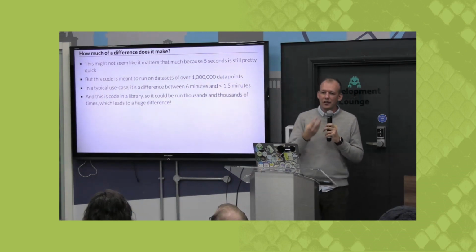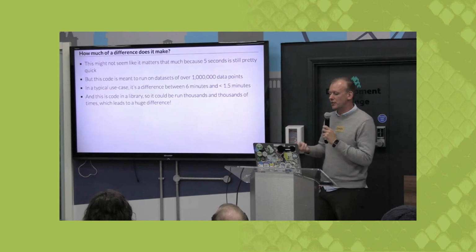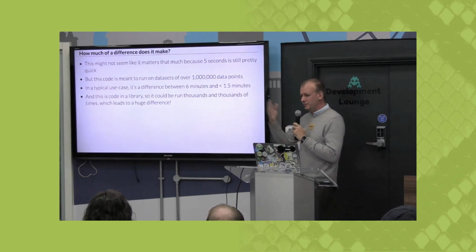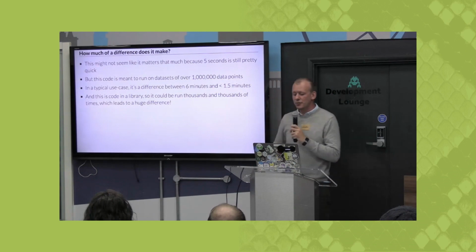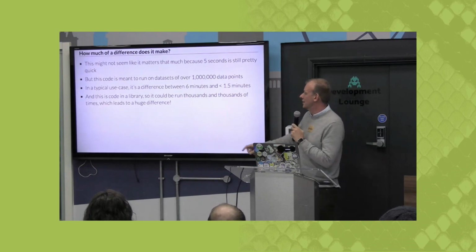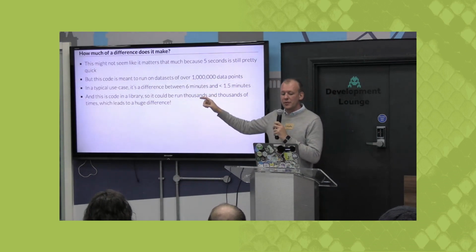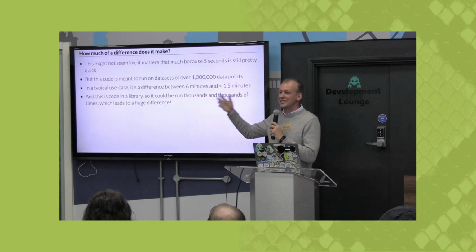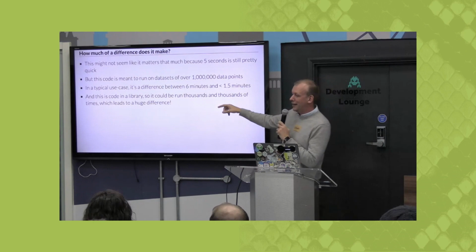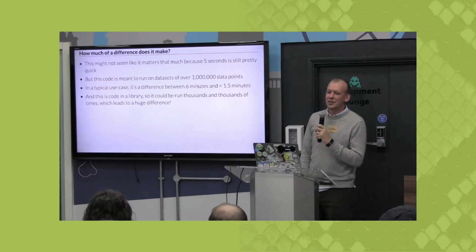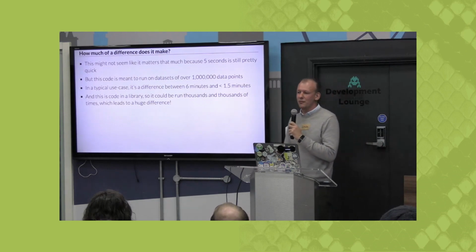So it might not seem like much because even at that big set size, it still only takes 5 seconds. But this code, like I said, is part of a library and it's meant to run on data sets of like 1 million data points. And so in a typical use case, the original algorithm can take over 6 minutes to run on one of these big data sets, and the rewritten version only takes 1.5 minutes, right?